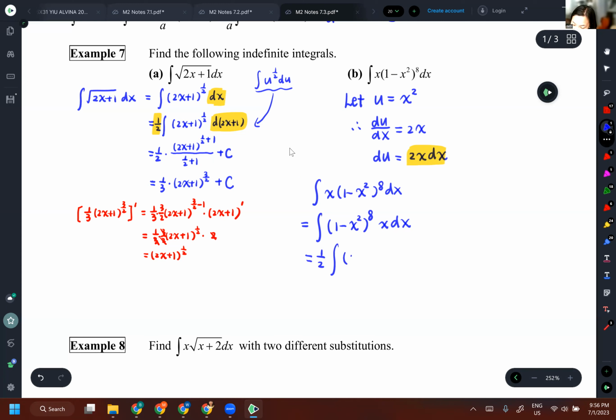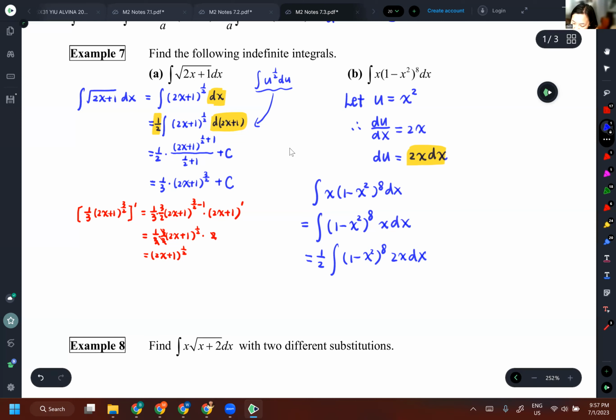So here I will do this. I know it's a lot to do, but you bear with me. I will change this to 2x dx. But because I multiply by 2, I will divide by 2. Okay, that's my preparation. I need to prepare this so much so I can move on to my next stage. My next stage is to replace x with u. Then I will do it everywhere.